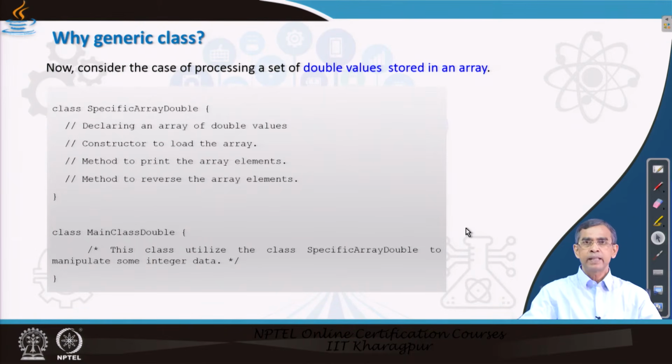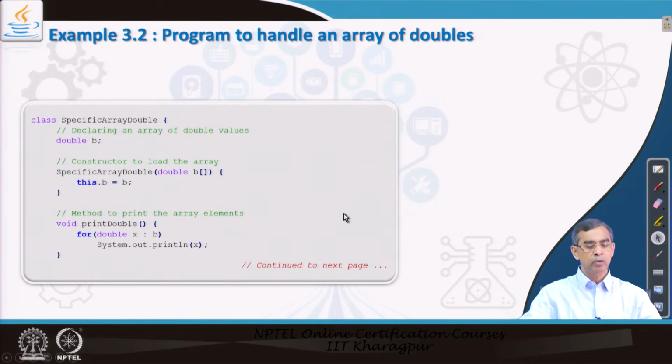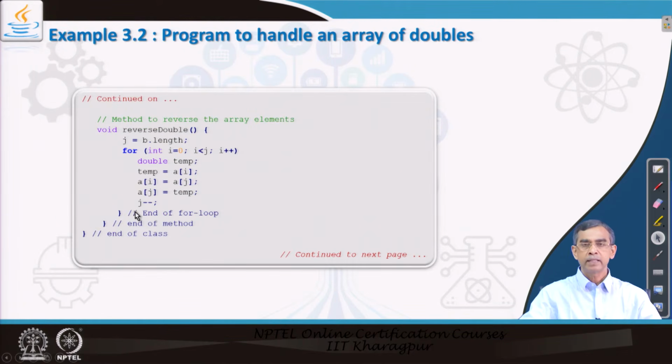The code is very similar to the previous one, and this code is for declaring the arrays, array element initialization, print method, and then this is the reversing.